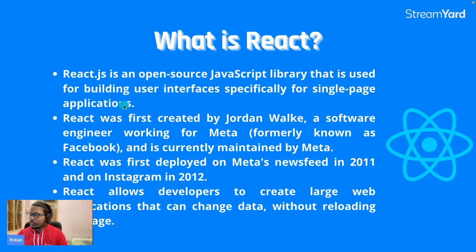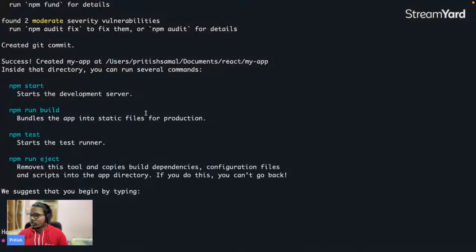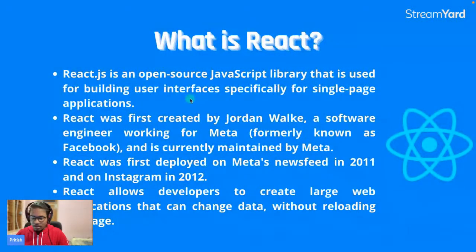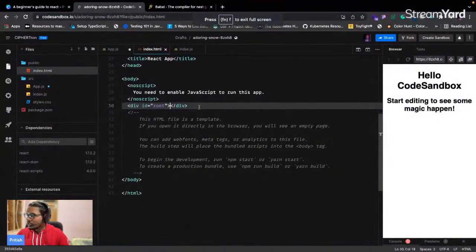A question might arise: we see websites that use React, like Netflix or Facebook or Instagram, and they have multiple pages. So why does React say that it is used for making single page applications? Because essentially you will be rendering all the components inside this div itself.